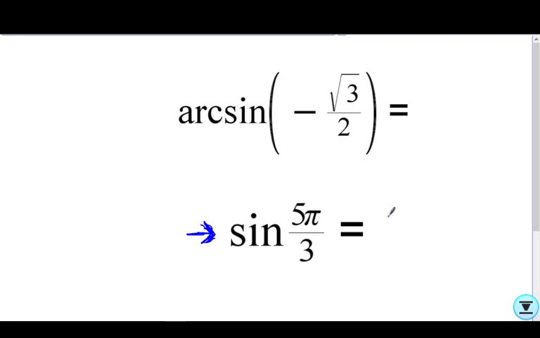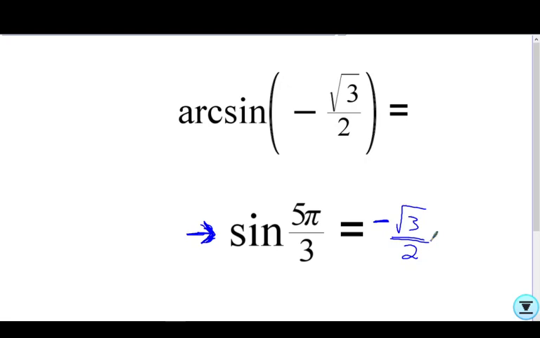The sine of 5pi/3, which is in the fourth quadrant, so it's negative, is -√3/2. So the sine function takes an angle and gives you back a unit circle value. The arc sine function is the inverse of it.